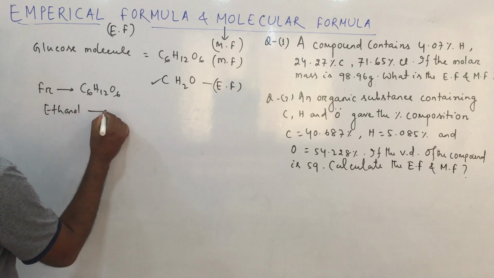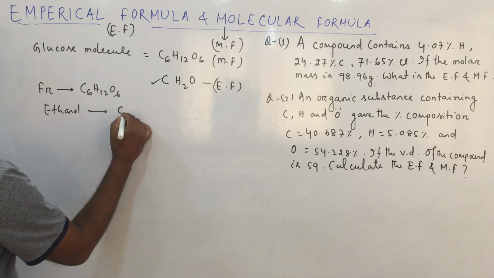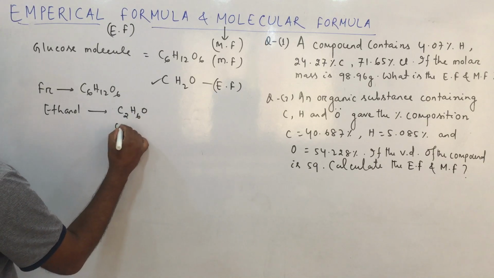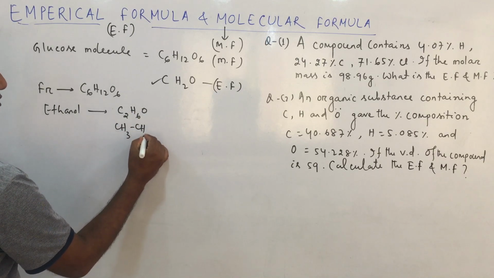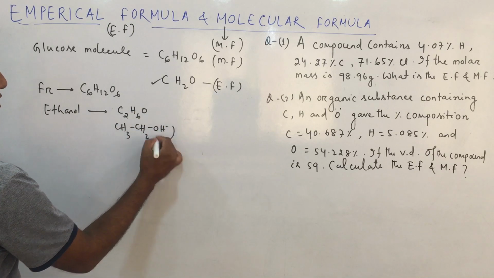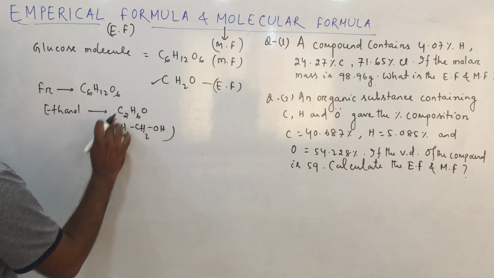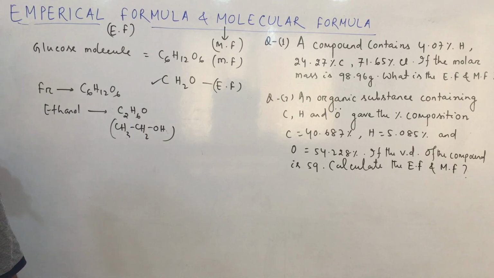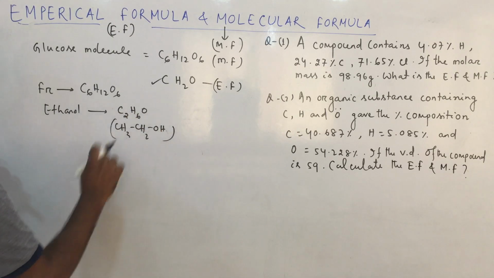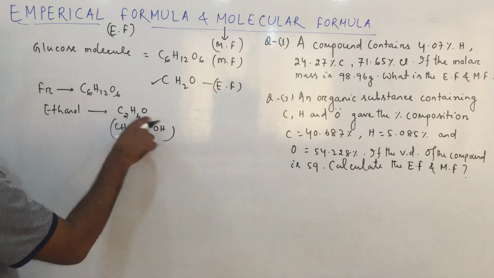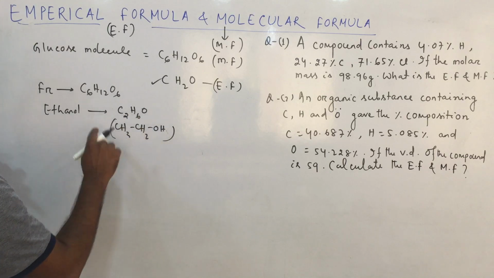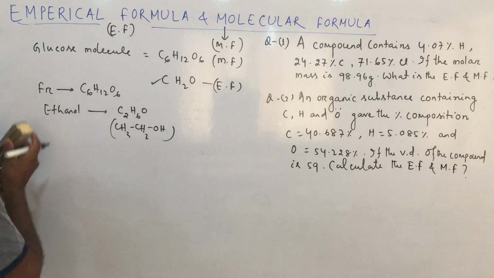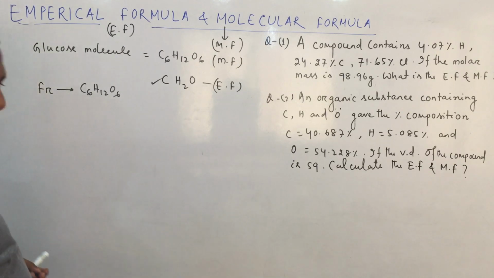Ethanol molecular formula is C2H6O, that is CH3CH2OH. How many carbon? 2. How many hydrogen? 6. How many oxygen? 1. Can you take any common ratio here? No, we cannot take any common factor. Similarly, suppose we take acetic acid.